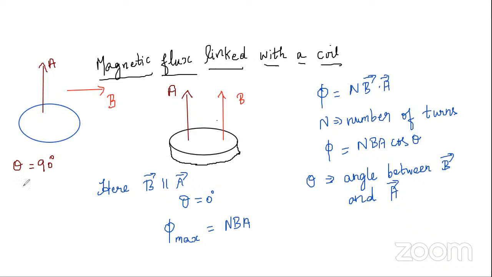Then the magnetic flux through this coil will be minimum or it is 0. Phi minimum equal to NBA cos 90 degree. So that will make phi minimum equal to 0.